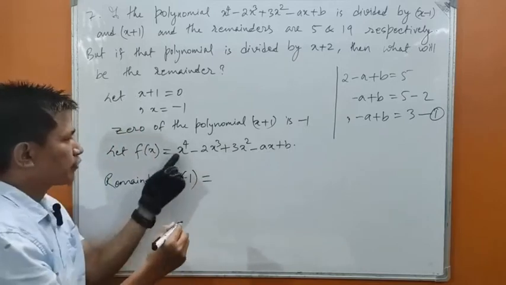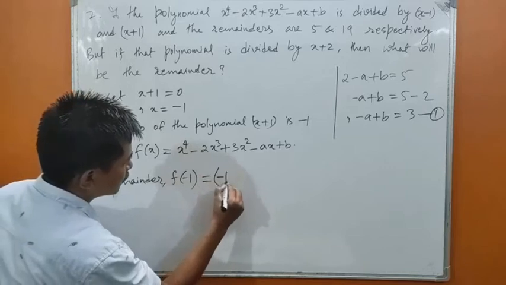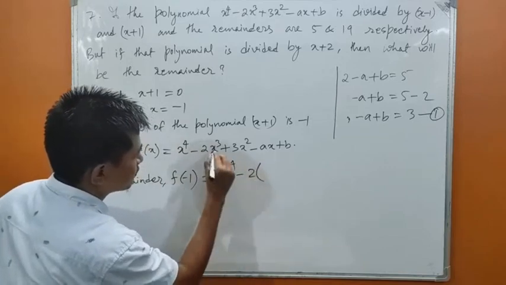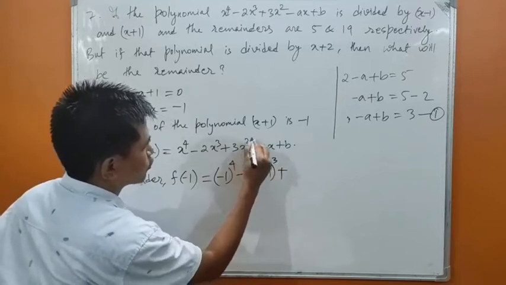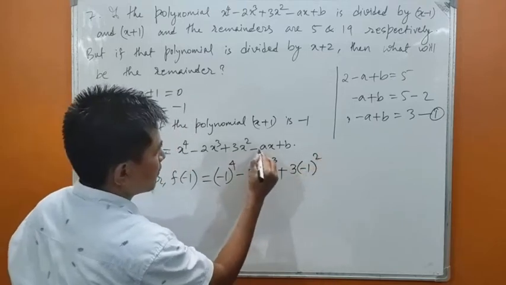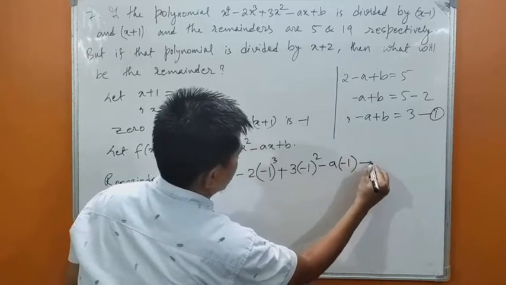So wherever we see x, we put minus 1. x to the power 4 means minus 1 to the power 4, minus 2x cube means minus 1 cube, plus 3x square means 3 into minus 1 square, minus ax means minus a, x means minus 1, plus b.